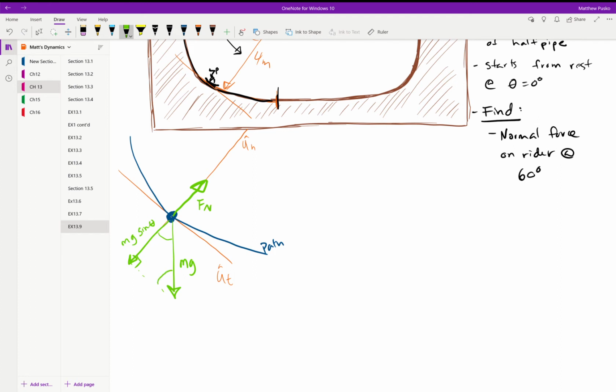Check out the trigonometry and you'll find out that this is the angle we're interested in, which makes that mg sine theta and this mg cosine theta. Okay, what else do we have? That's it. That's going to give us an acceleration in the tangential direction, and we're curving on a path, so we're going to get some normal acceleration also.